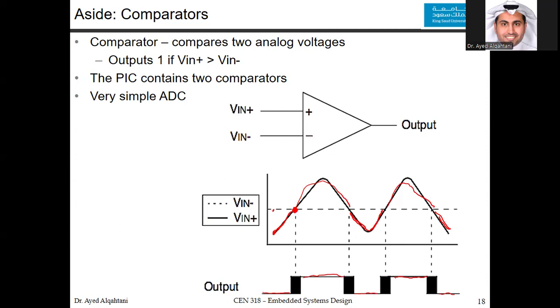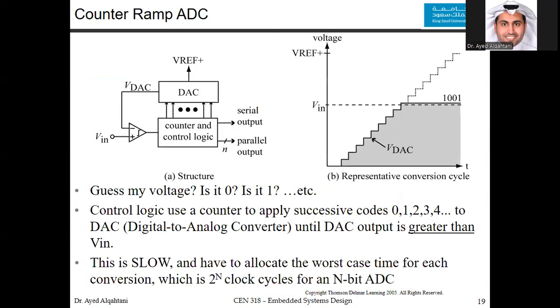The idea here is to do the comparison, and the output becomes either 0 or 1 based on the comparison.